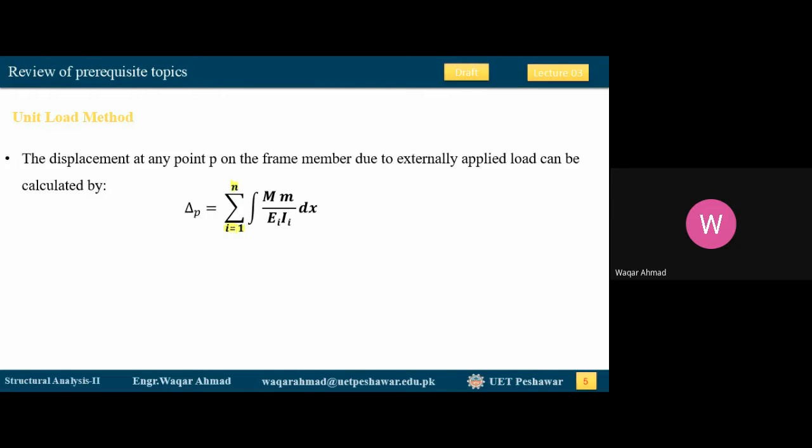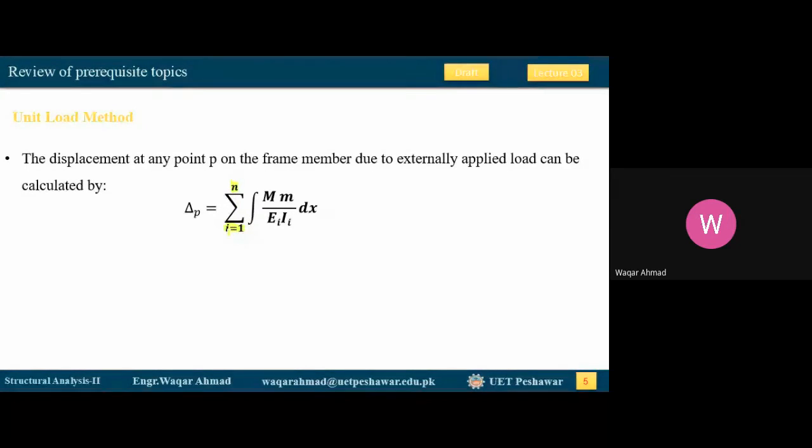When i is equal to 2, you are talking about the second member. You will start from the very first member and end up with n, and n is the total number of members in the structure you are considering for the analysis.